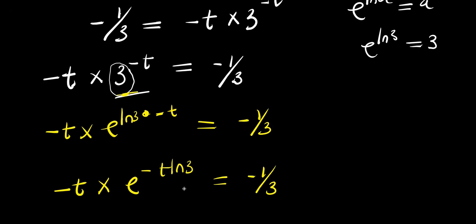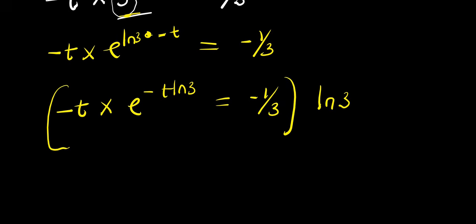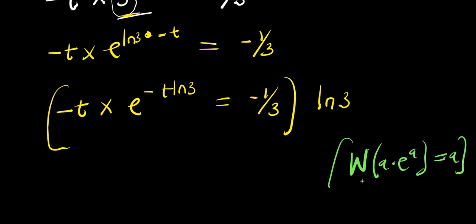So the next thing we are going to do is to also multiply the whole set of this equation with ln 3. The aim of doing this is to apply the Lambert W function. Remember, the Lambert W function, if you have W of a times e power a, you have a. So this is the function we want to apply. So we want to ensure that the base and this are the same. That's why we are doing this manipulation. So this will multiply this, and also this will multiply this.